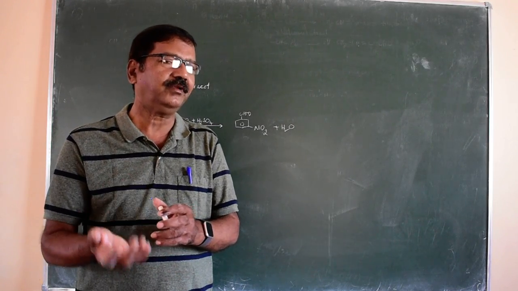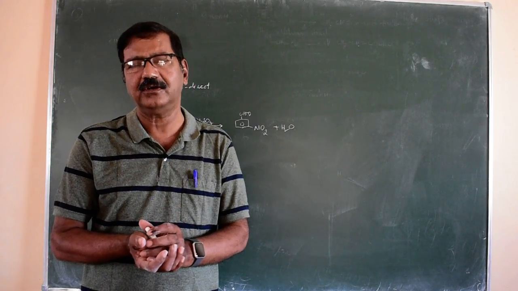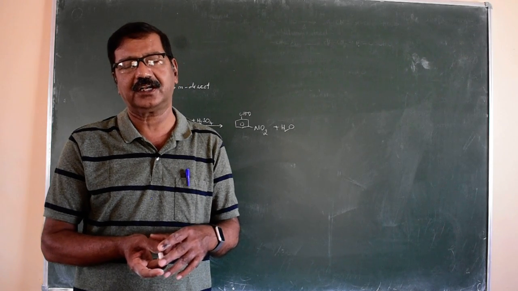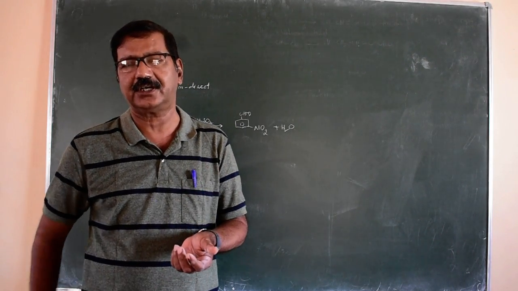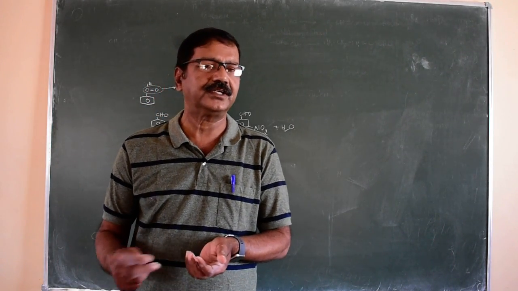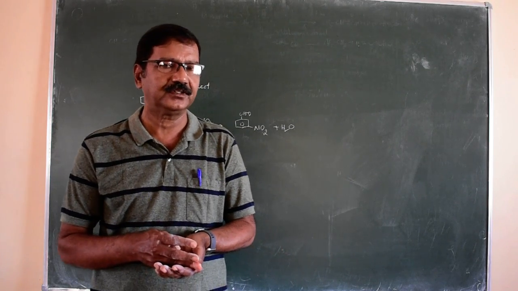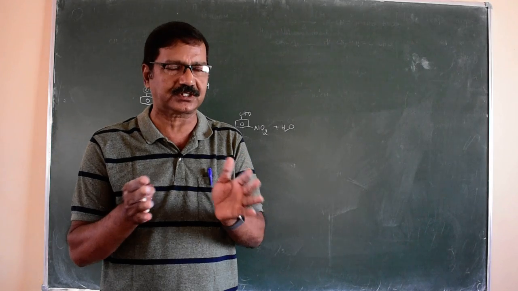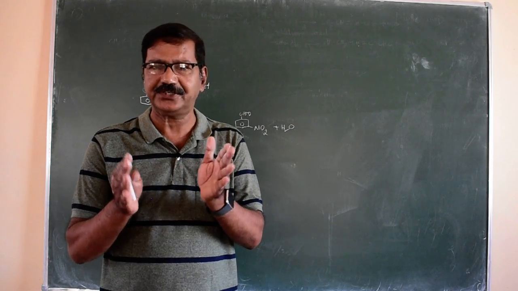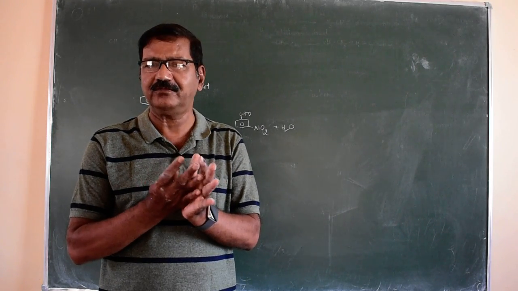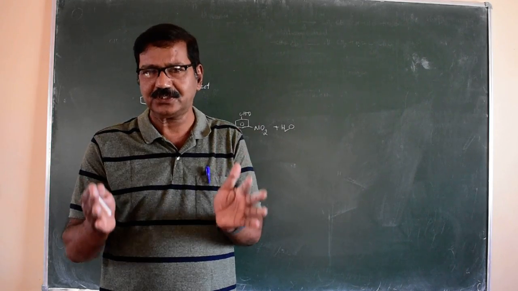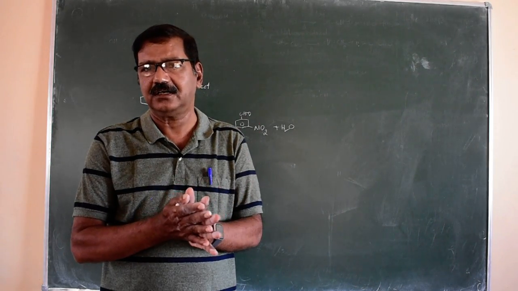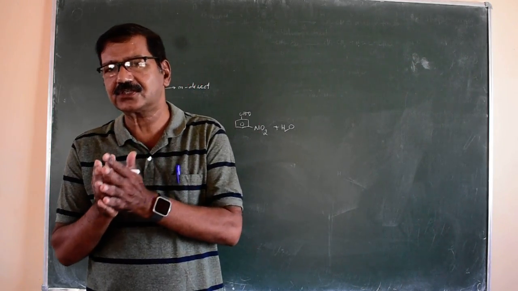Now about nomenclature, as we know, organic compounds are named in two ways: one is the trivial system and another is the IUPAC system. Generally the trivial system is based on the source. Many carboxylic acids are named based on the source.